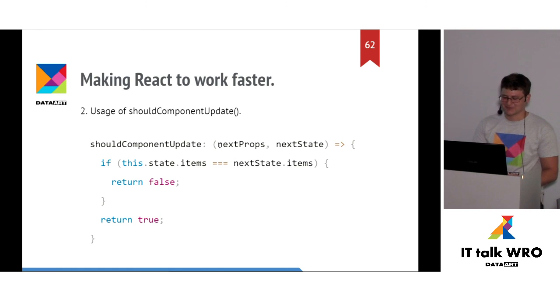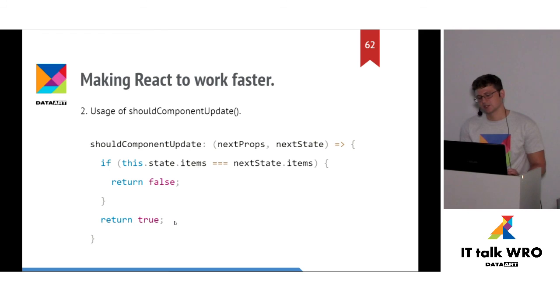Here is what it accepts. It accepts next properties and next state, which were passed to the component, and it will perform a quick check if this state.items is the same as the next ones, and if they are the same, there is no need to render the component, so we'll return false. But if they're not, the component will be rendered.